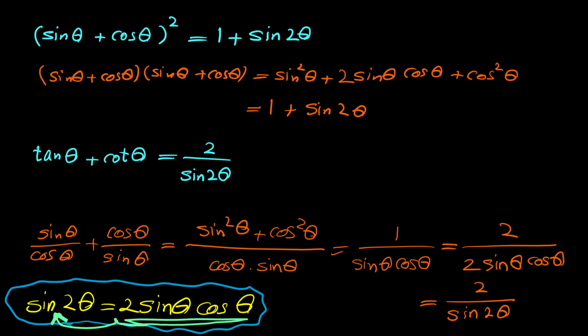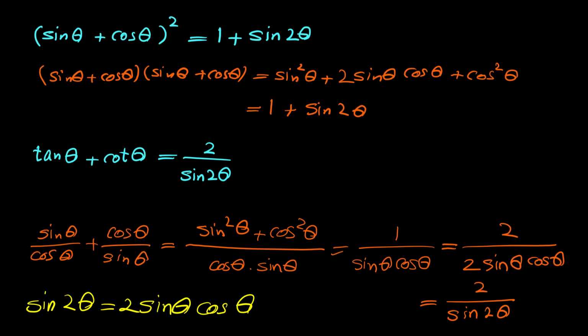Please pay attention. Sine of any angle. This is the way that I memorize the identity. I'm not saying sine of 2 theta. Sine of any angle. You have to keep it in this way in your head. Sine of any angle is 2 sine of half of this angle. Whatever the angle is on the left side, on the right side is half of this.